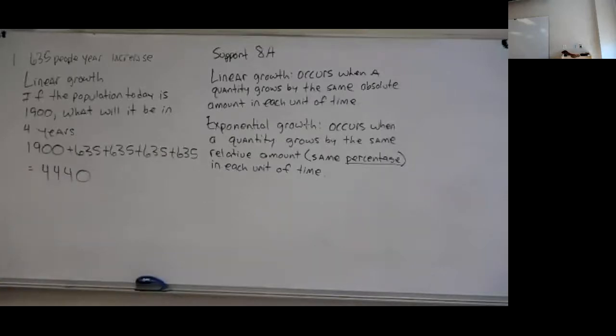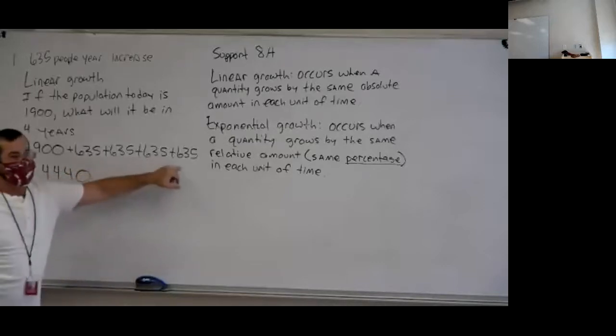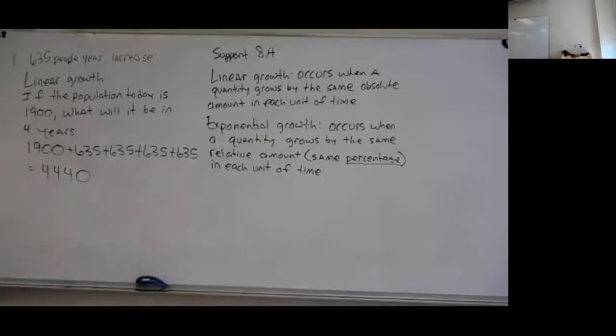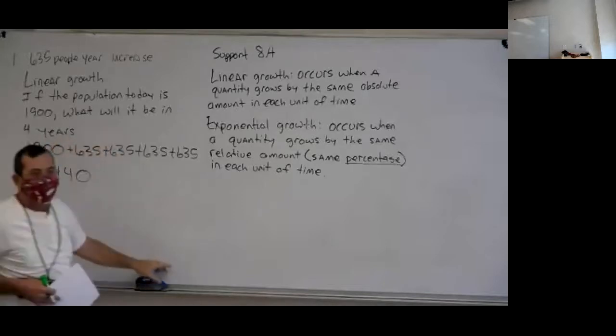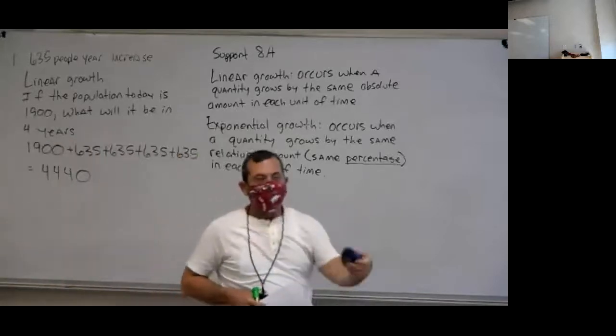Right? So linear, we basically add each year's amount on and move on, okay? Now you could have done this 1,900 plus 4 times 635. You could have shortcut that any way you wanted to, as long as you're doing basically the same operations.